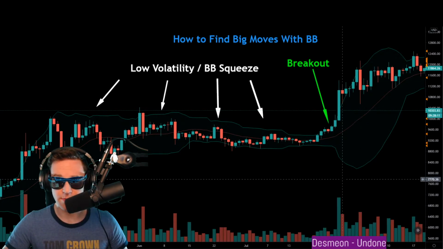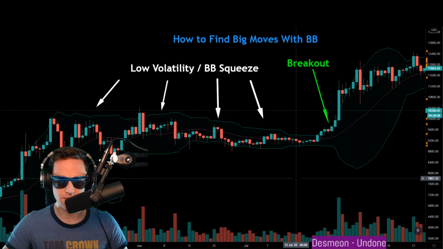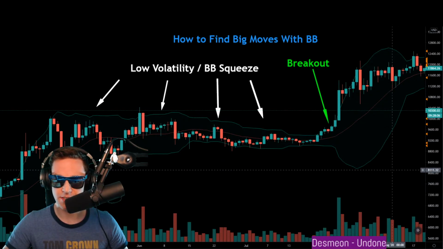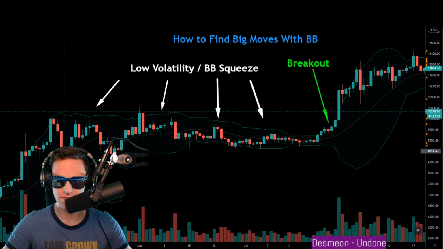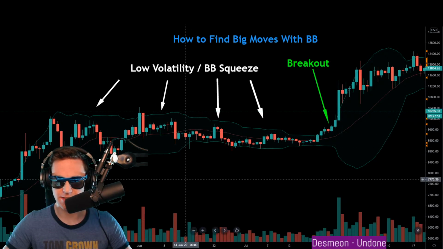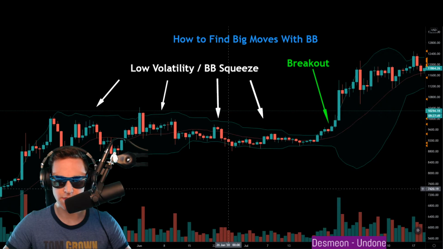How can we use Bollinger Bands to predict breakouts or increased volatility? Well, what you'll see on Bollinger Bands is during sideways periods, the bands will begin to what we call a squeeze. You can see that here. This was actually a few months ago, 2020.